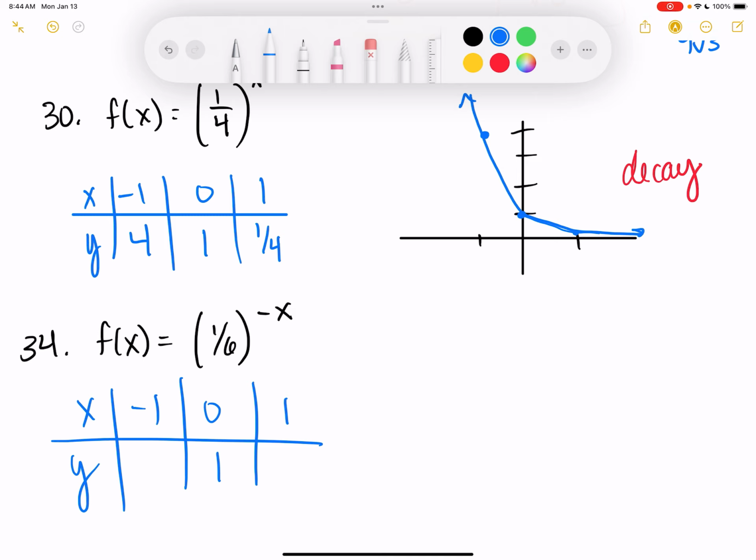Now, when I plug in negative 1, that's a negative times a negative, so that ends up giving me a positive 1 up here, so that's 1/6 raised to the 1, so it's just 1/6. When I plug in the positive 1, it's a negative x, so that'll be negative 1, so I need to flip this, and so that'll be a 6.